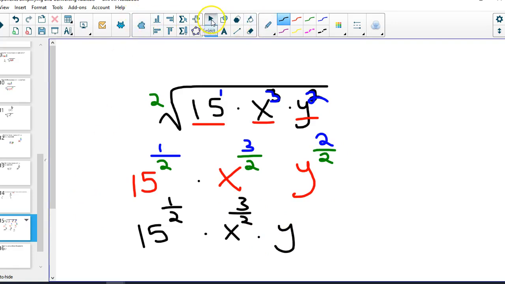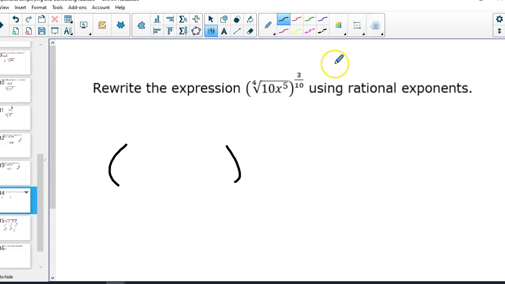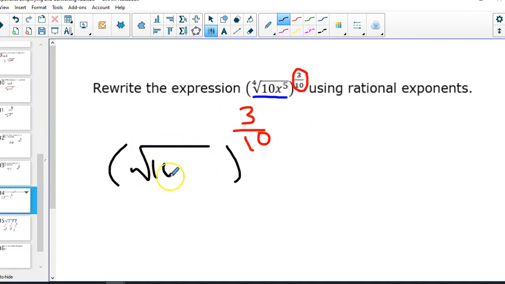Now, I want to make this a little bit tougher. In our example here, we have a radical that is being raised to a power. So notice this is on the outside. I want to deal with everything on the inside first. Then we'll look at this on the outside. So we still have our radical here times 5 to the x.